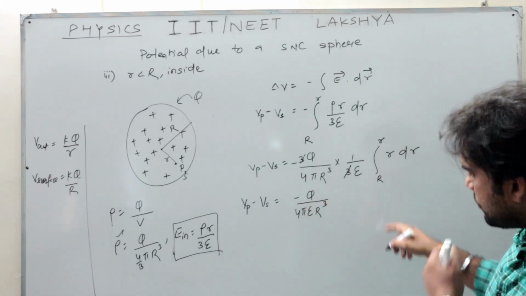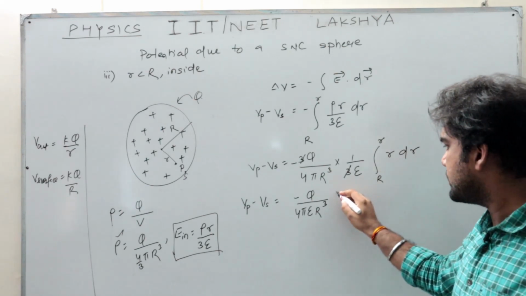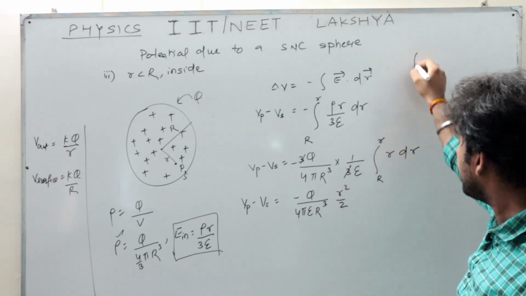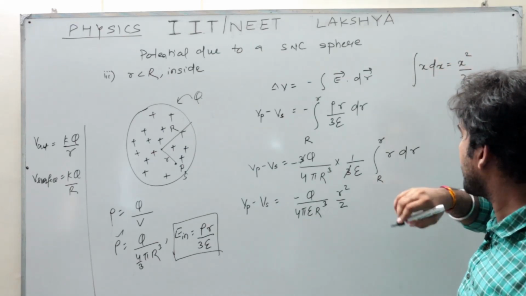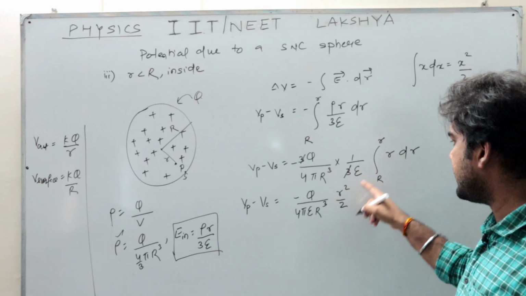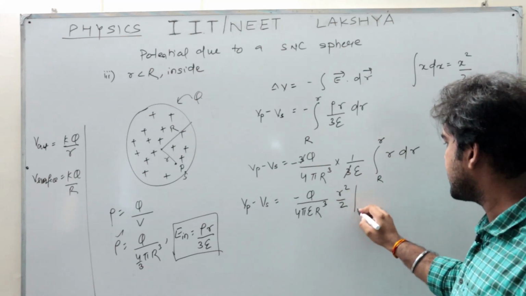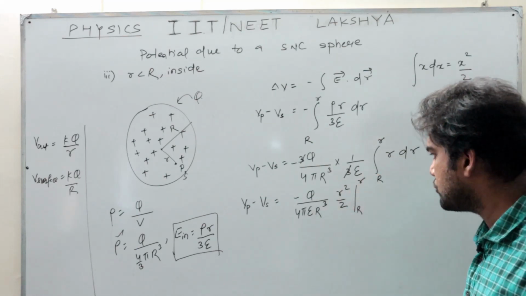Now dear students, what is the integration of r? Obviously it is r square by 2. Why? Because integral x dx is what? x square by 2. So integration of r is r square by 2, capital R to small r. So I am substituting everything.